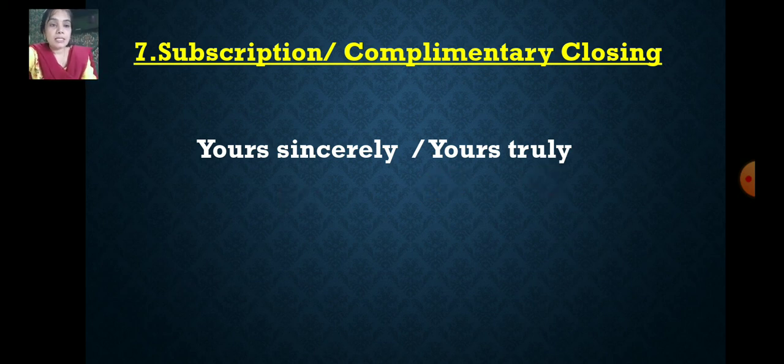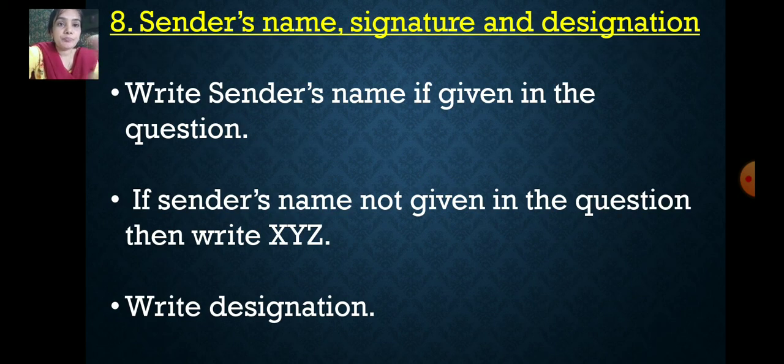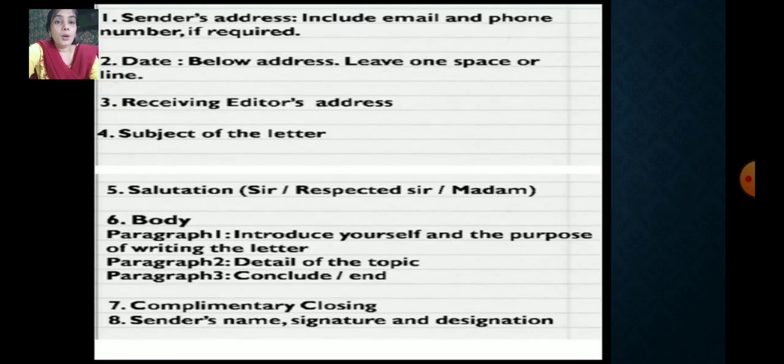Now let us see a sample letter. Yeah, as I said, sender's name, signature and designation. Yes, sender's name if given in the question, then you have to write. If sender's name is not given, you just have to write XYZ and write the designation if it is given. Okay, now quickly let us see the format.